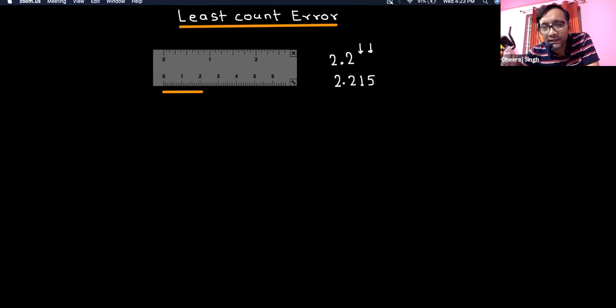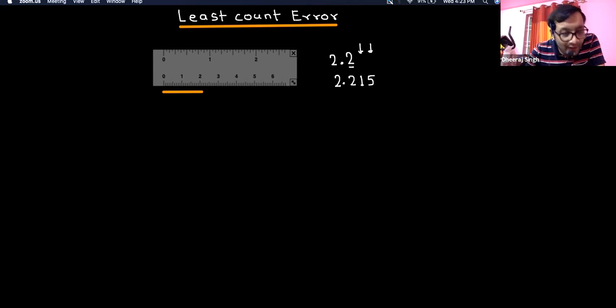What are the digits? As the scale markings have a least count of 0.1 centimeters. Fine, so that's the reason why after the first decimal place, you are not able to tell what the reading is.